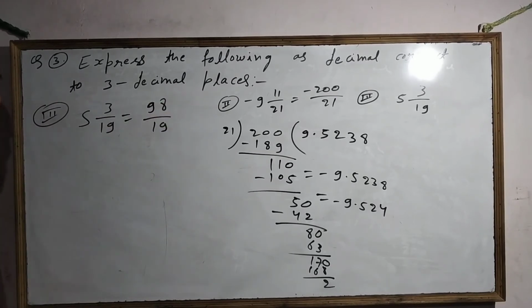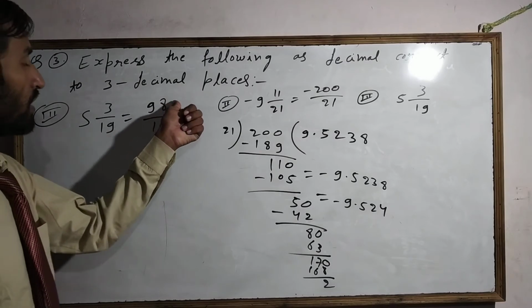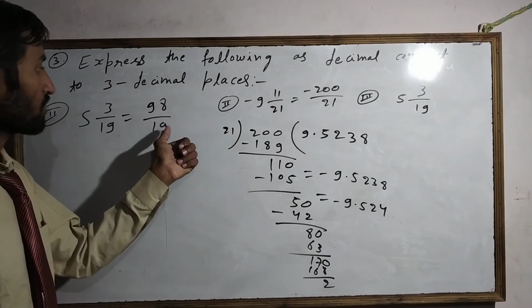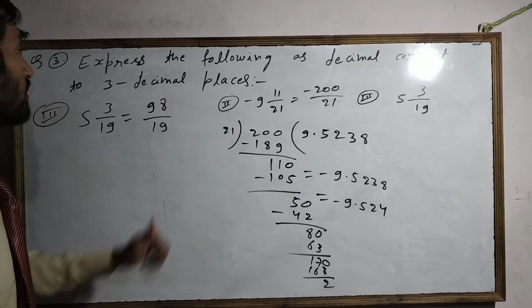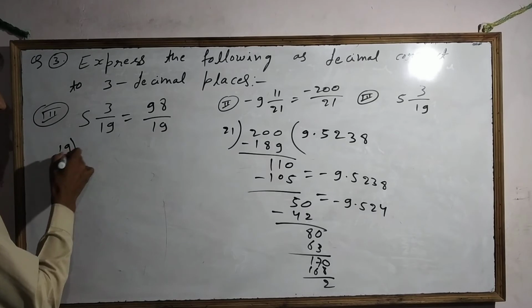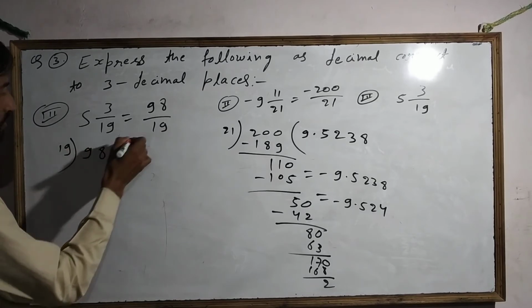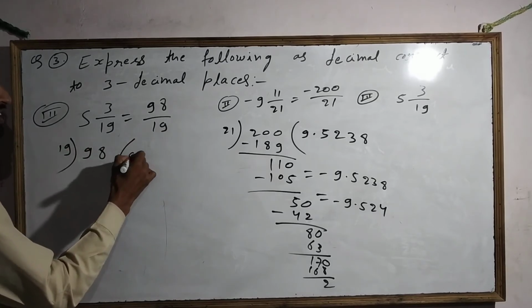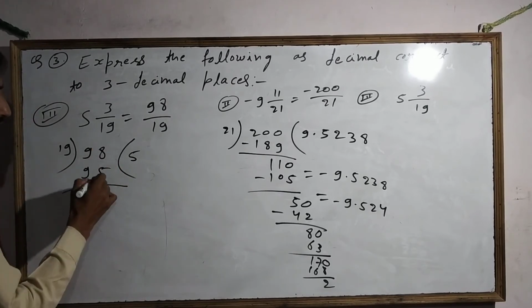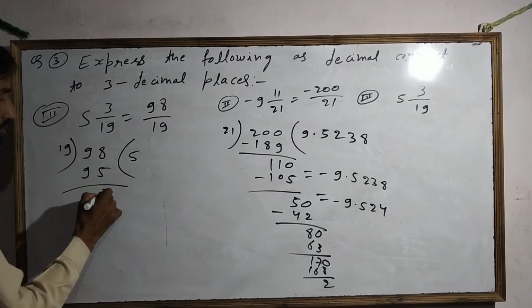This one is the numerator and this one is the denominator, meaning 19 is the divisor and 98 is the dividend. So divide 98 by 19. 5 times 19 is 95. Now 98 minus 95, the remainder is 3.